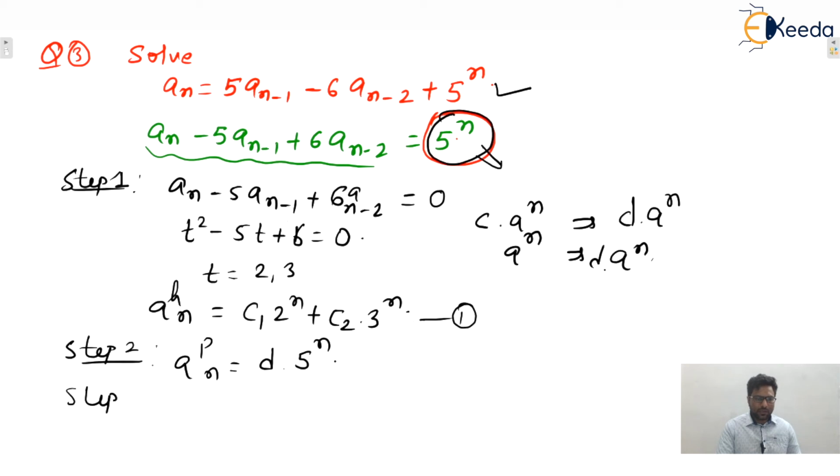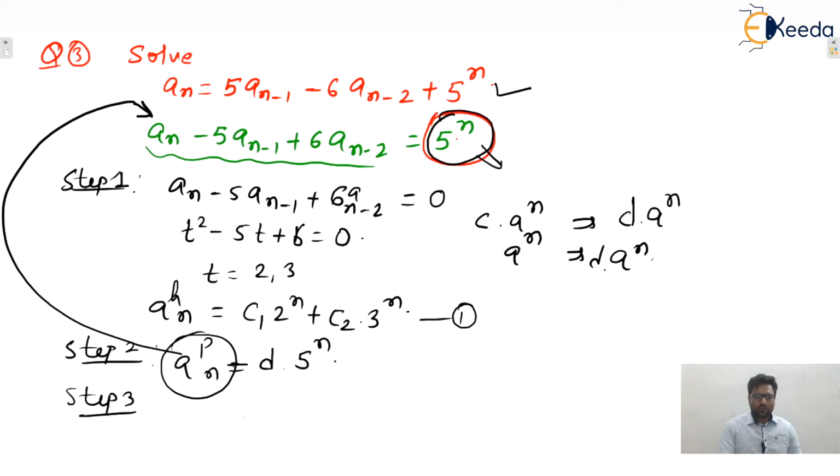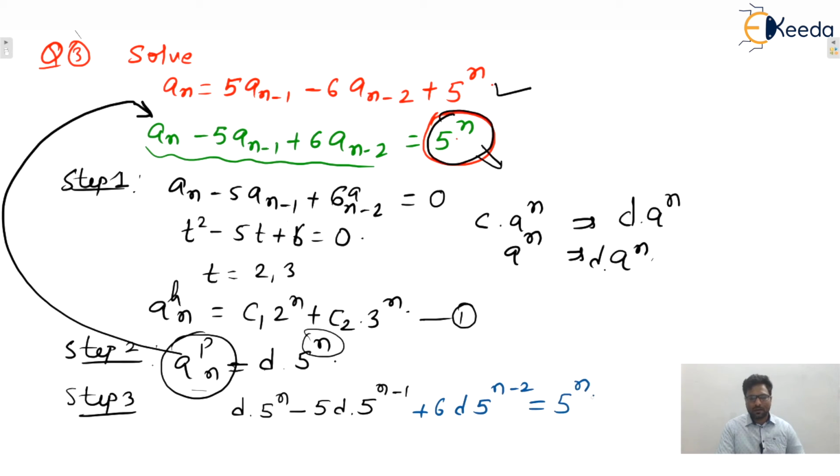Now what is step 3? Step 3 is to put this particular solution in the given recurrence relation. So instead of an we write d into 5 raised to power n. That becomes d into 5 raised to power n minus 5d into 5 raised to power n minus 1, that is the meaning of an minus 1, plus 6d into 5 raised to power n minus 2, equals 5 raised to power n.